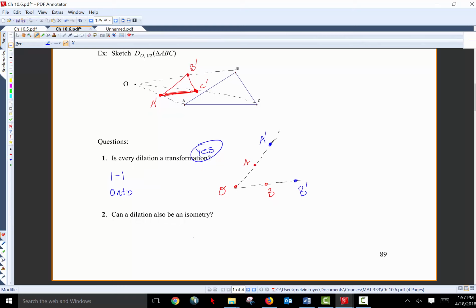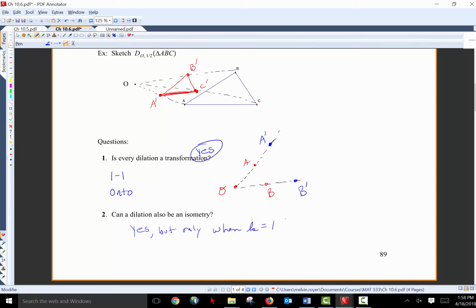There is one case, though, when it is. If I have a scale factor bigger than 1, I change sizes. I make them bigger. If I have a scale factor less than 1, I change sizes. I make them smaller. If I have a scale factor exactly equal to 1, then nothing happens. So the answer to the question is really yes, but only when k equals 1.